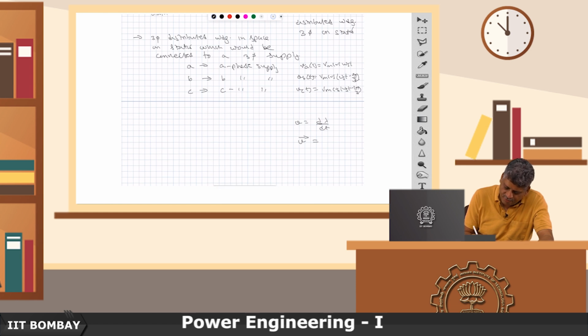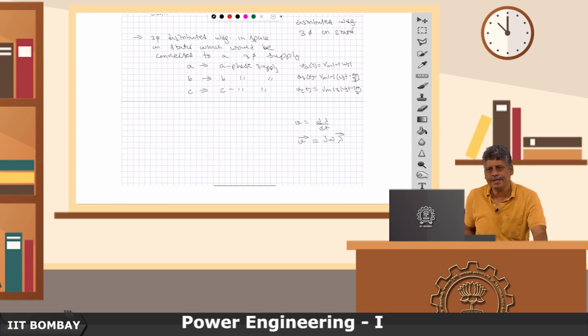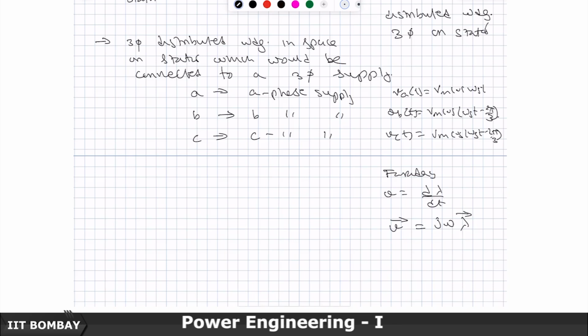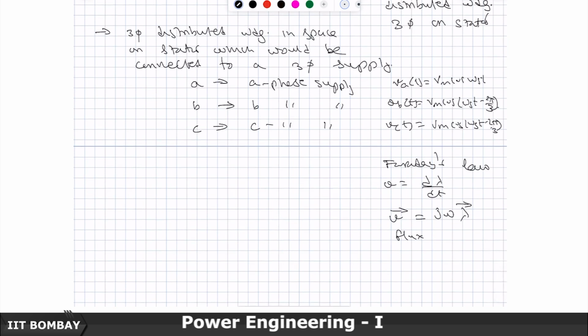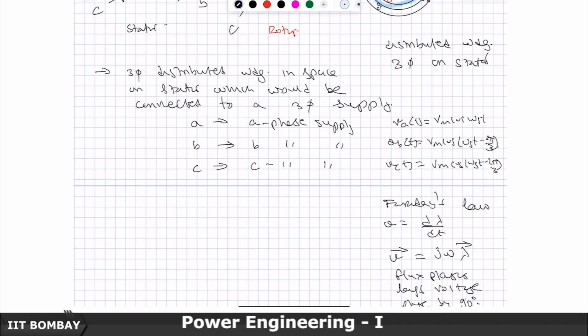So, phasor wise V phasor is usually j omega times the flux linkage phasor. I am talking of Faraday's law. So, the flux phasor lags the voltage phasor by 90 degrees, and I want actually my flux phasor to be cos of omega t for my sake of discussion.